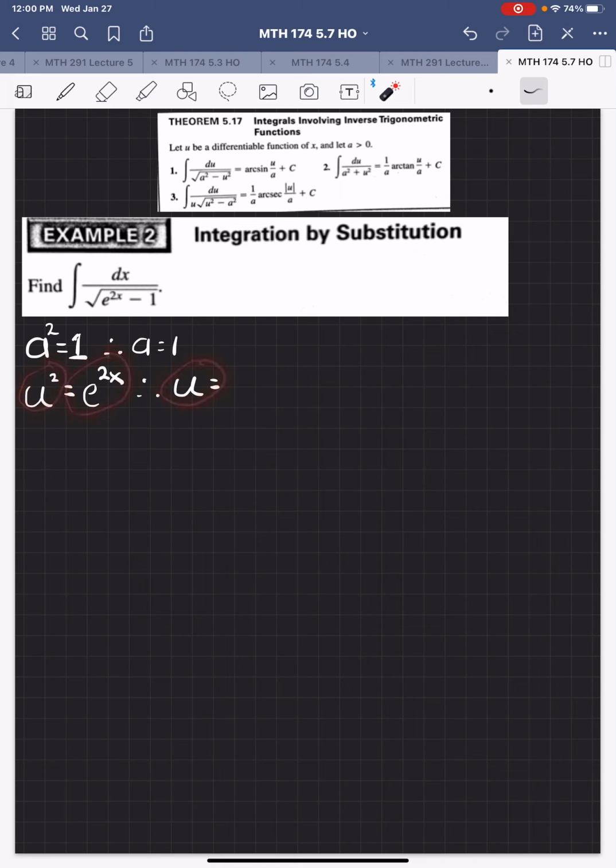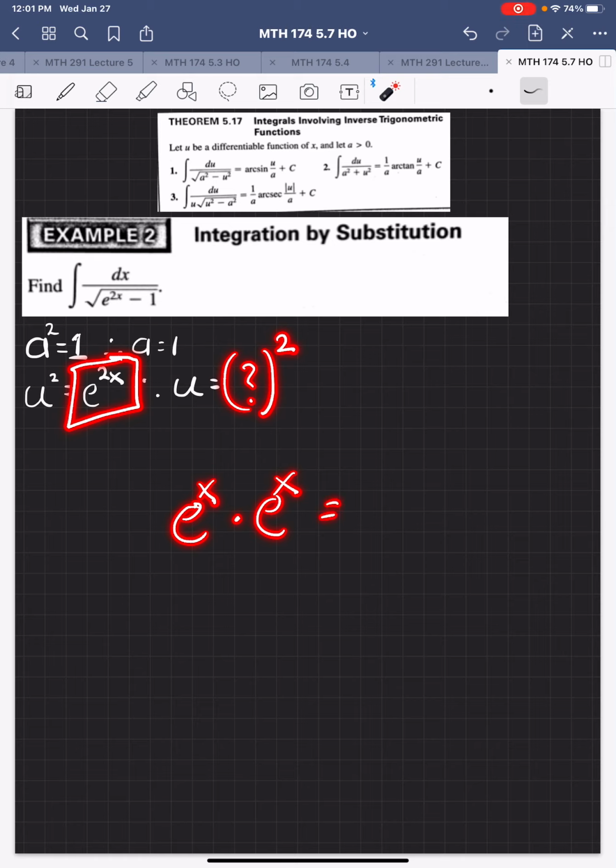Something squared must equal e to the 2x. Well, e to the x times e to the x is equal to e to the 2x. So in other words, u is just e to the x.